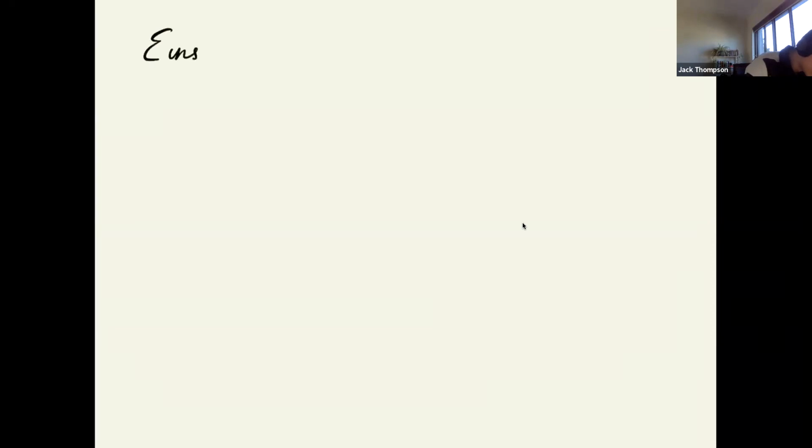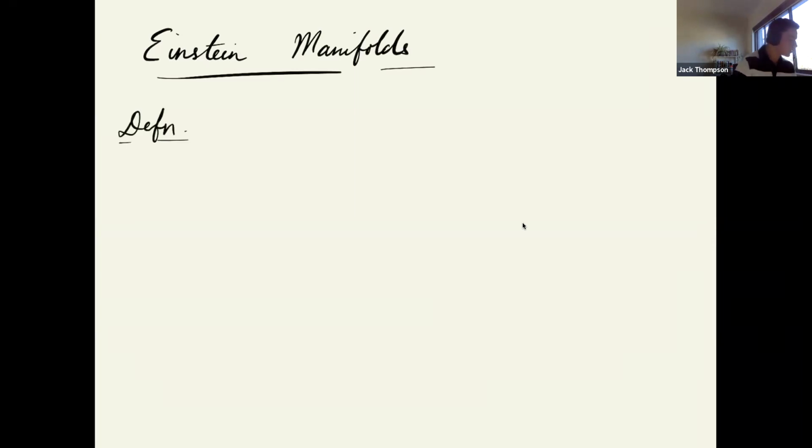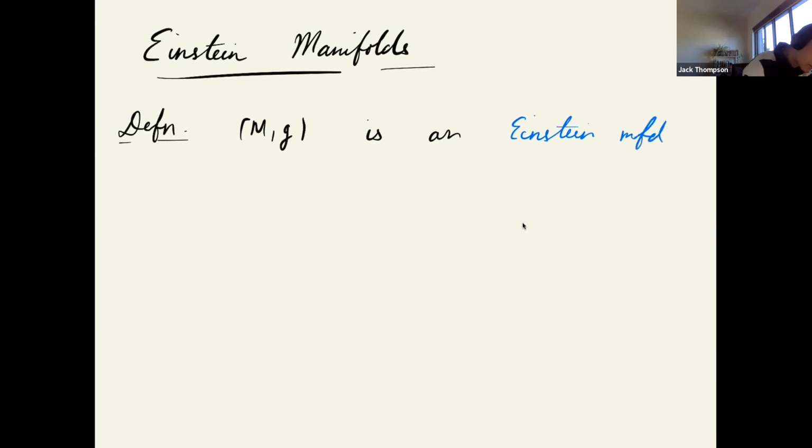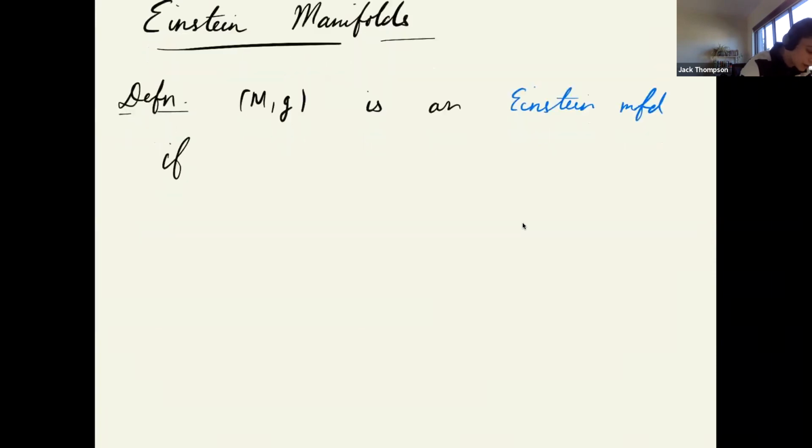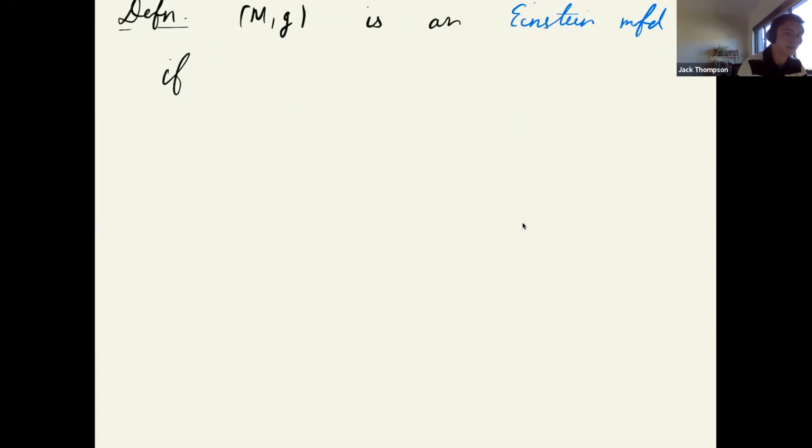All right, so let's begin with a definition. A Riemannian manifold is an Einstein manifold if the Ricci curvature can be written as a scalar multiple of the metric.